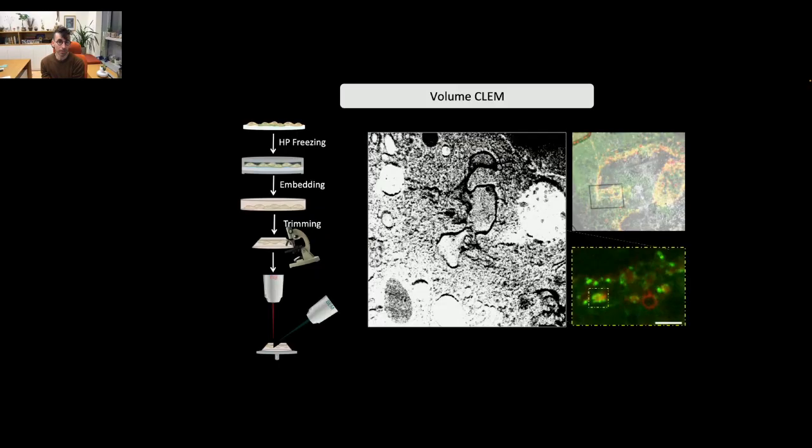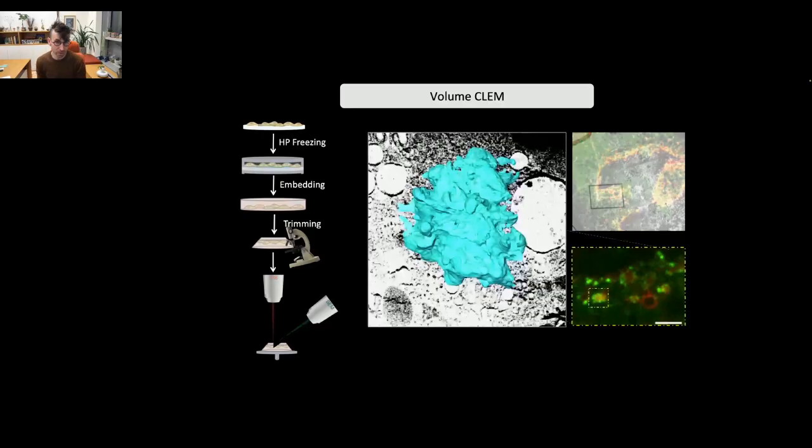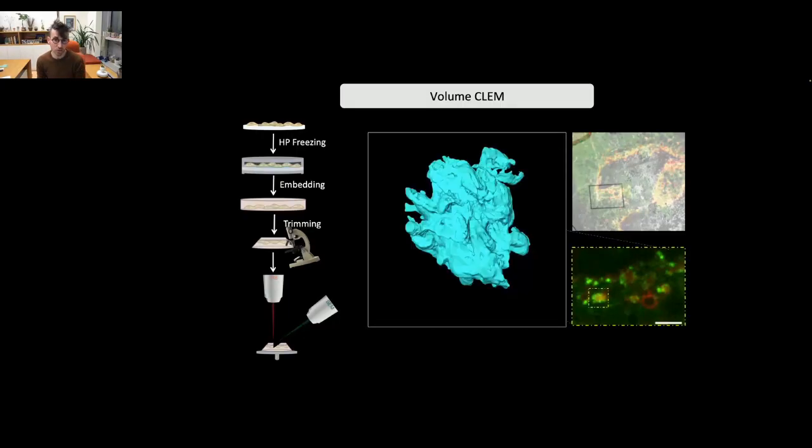But still, this is very good if one needs to acquire large objects with the entire 3D information intact. Another clear advantage of this technique is that you can acquire these volumes with isotropic resolution, which you cannot do in 3D transmission electron microscopy, unless you do serial sections, but that has other limitations.